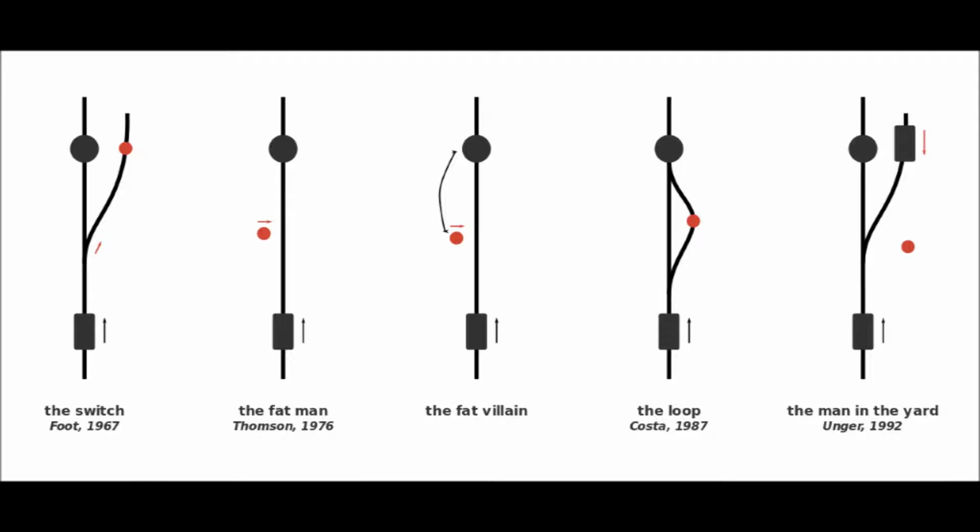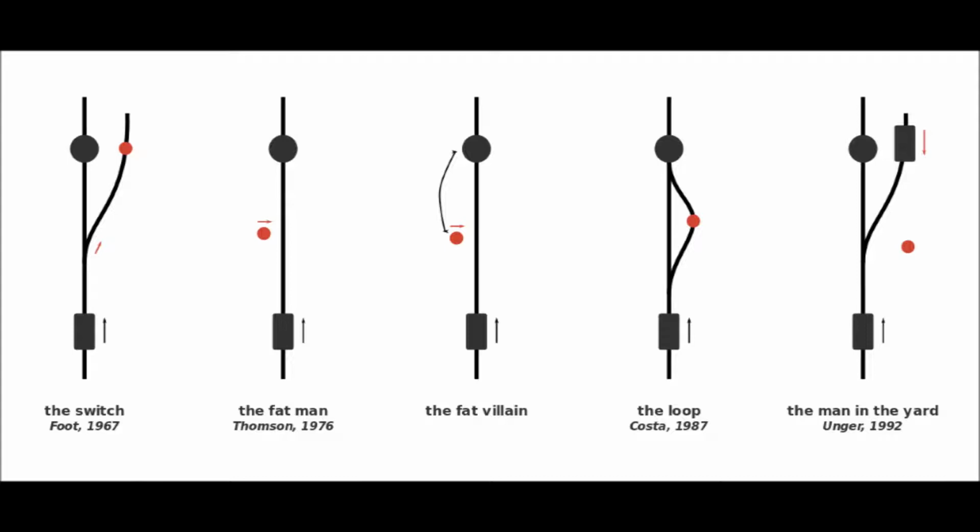So, while essentially being the same as the previous experiments, except for the one with the villain, the actual difference in here is that this person is removed from the actual situation.